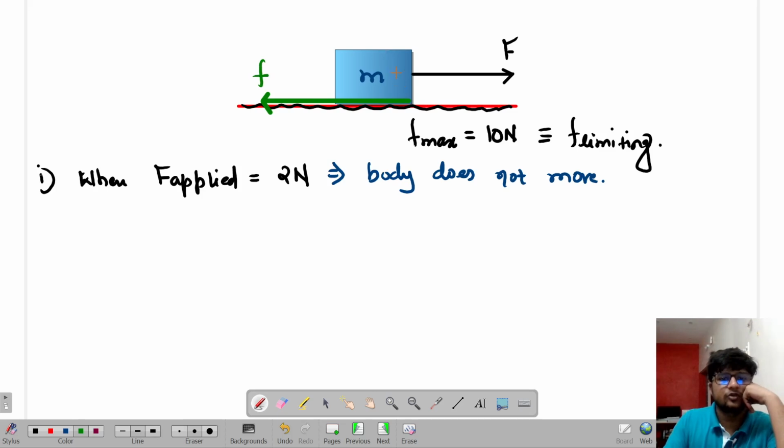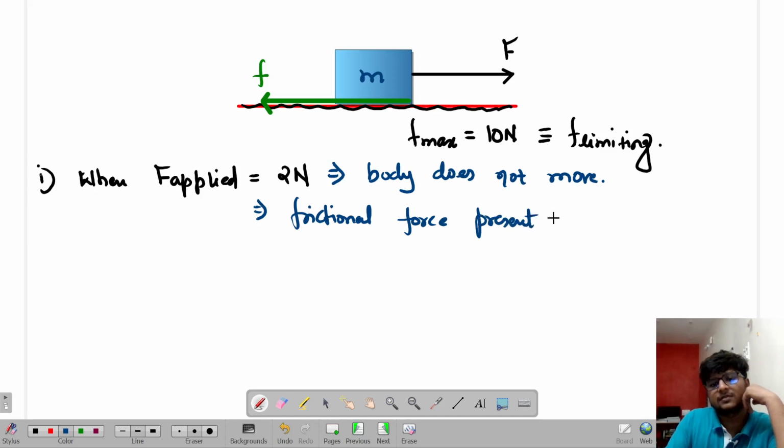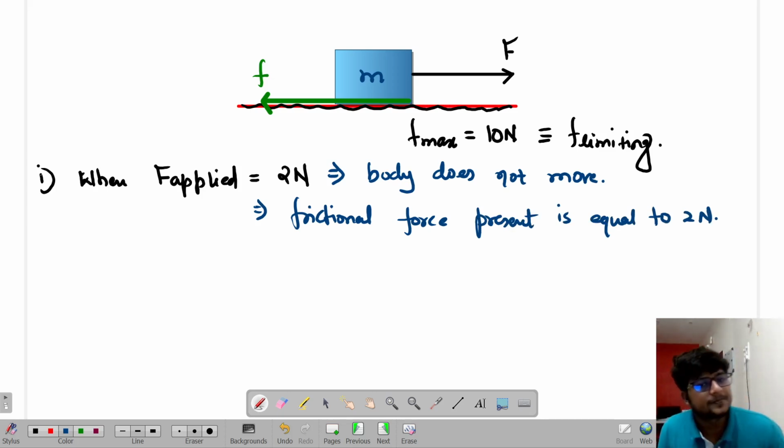Now, you know that if body is not moving, right force is equal to left force. That's the condition of equilibrium. This means that this time the frictional force present is equal to just how much Newton? 2 Newton, definitely.